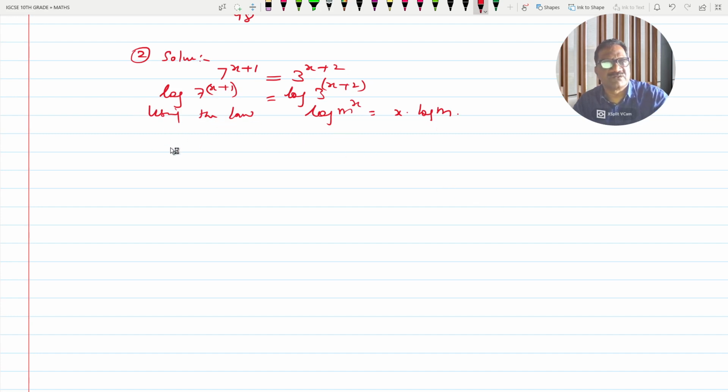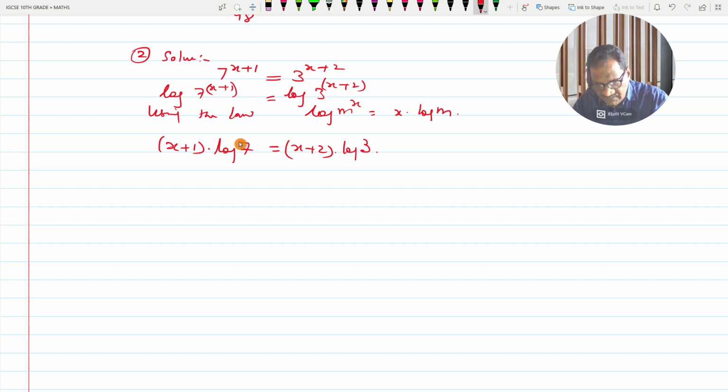By using this law, x plus 1 will come in the front, multiplied by log of 7, and here it will be x plus 2 times log of 3. Is that okay? Now since there is nothing written at the base of the log, it means you have to assume that the base is 10. That I have already discussed in our previous video.